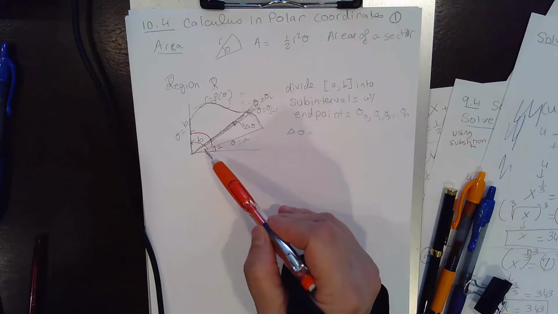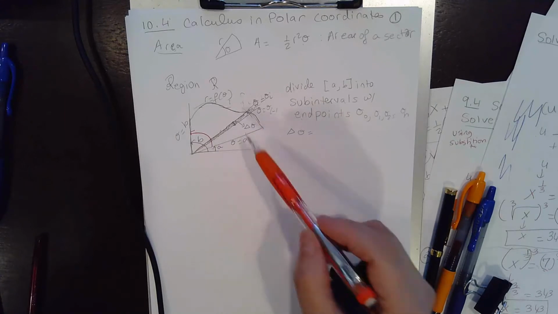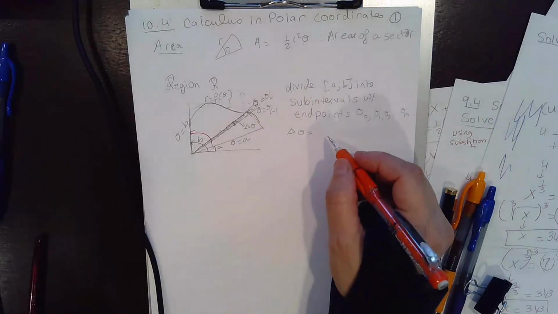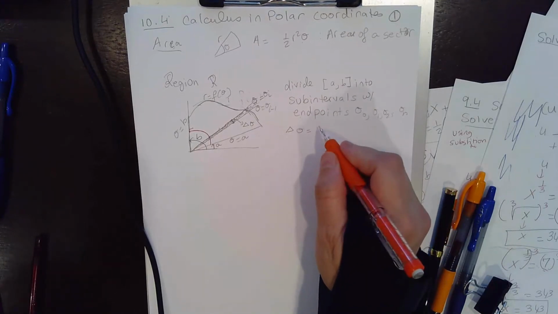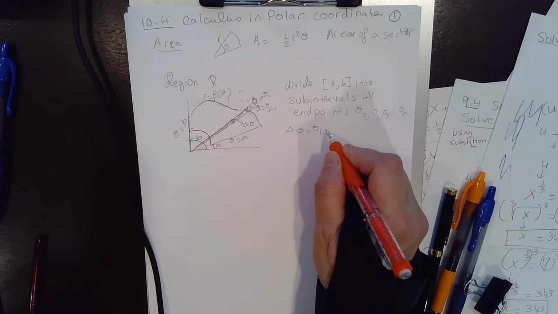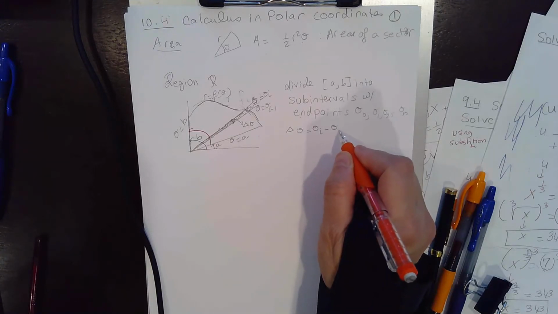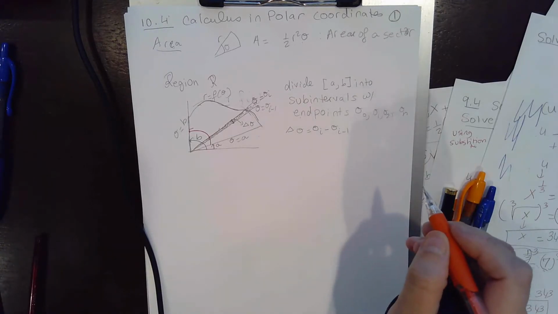Delta theta here, I'm using the ith interval. Delta theta is the difference between theta i minus theta i minus 1. That's delta theta.